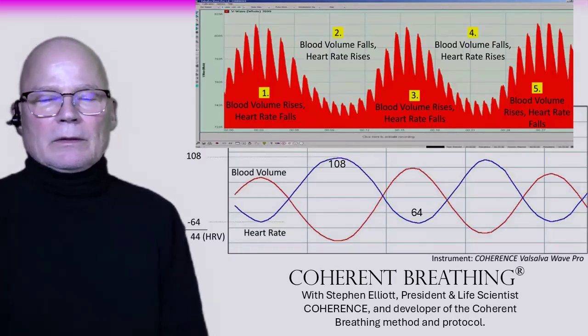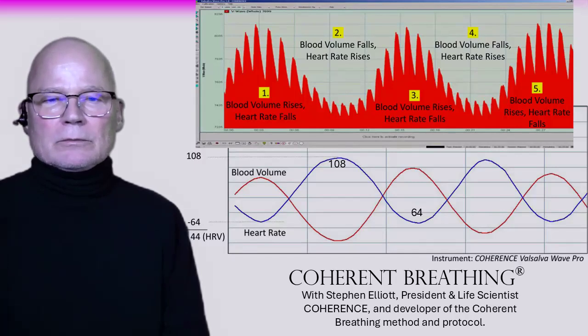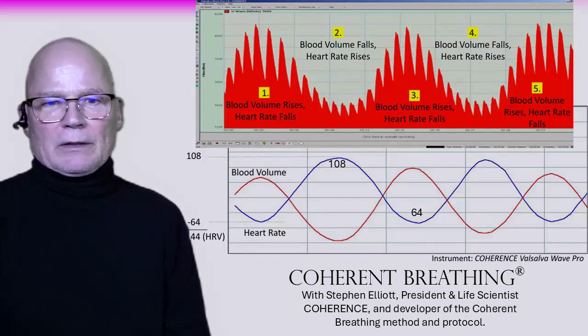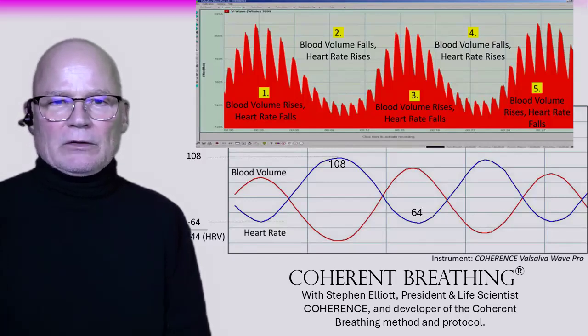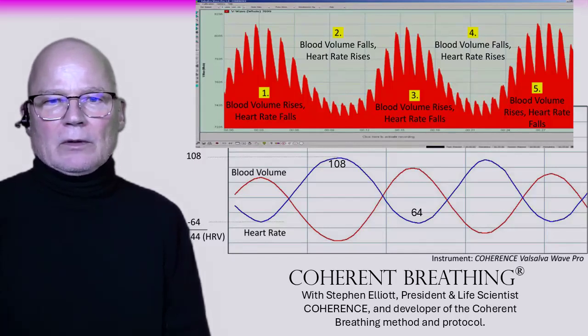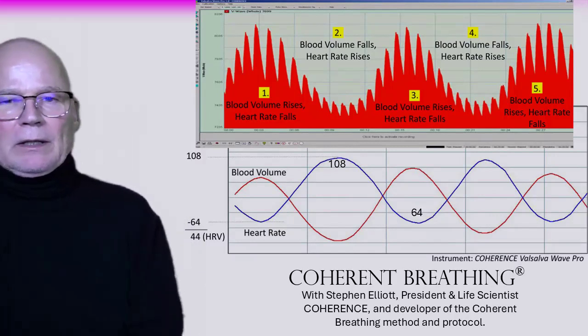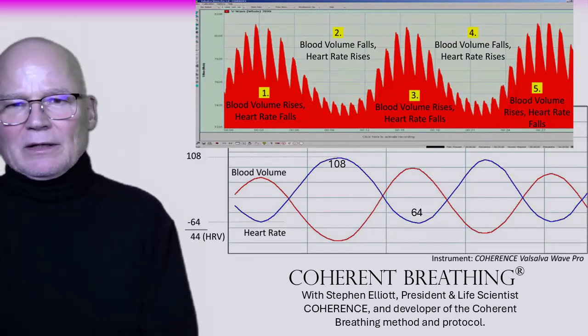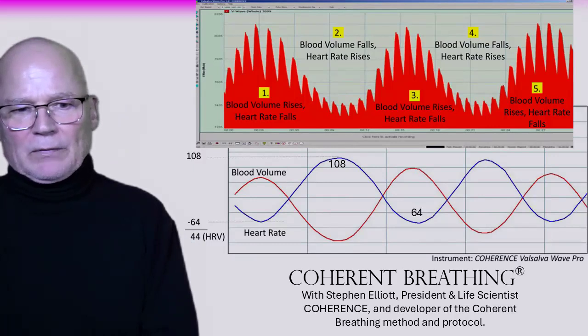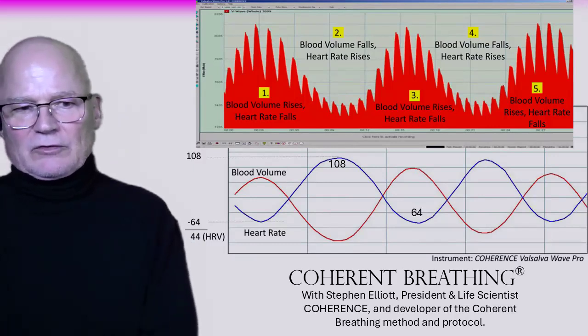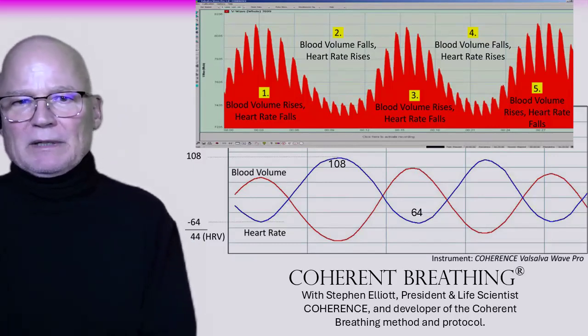So a meeting or two ago, I introduced this graphic. This shows the Valsalva wave in the lower panel in red and the heart rate or respiratory sinus arrhythmia pattern in blue. And you can see here there is a difference between the peak at 108 and the valley at 64 of 44 beats.